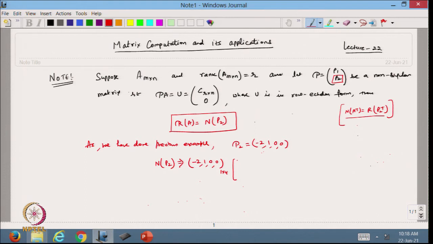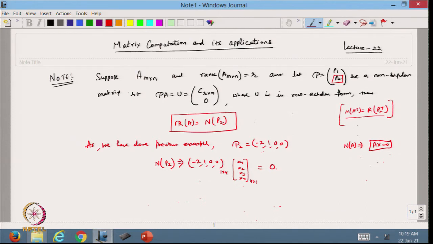Suppose I take it as x1, x2, x3, x4. So it is 4 cross 1 and it should be equal to 0, because whenever we deal with the null space, we are dealing with this system. So the null space of P2 implies P2 x equal to 0, where P2 is a matrix of dimension 1 cross 4, with 4 the number of variables.